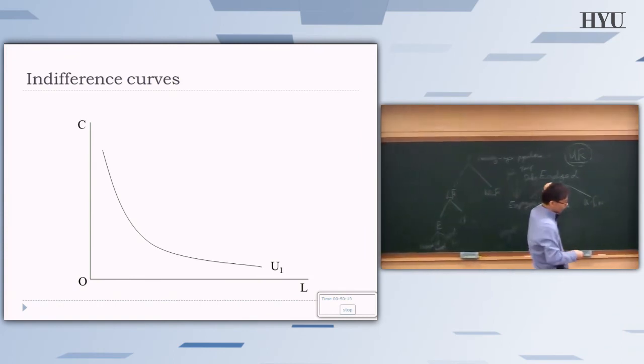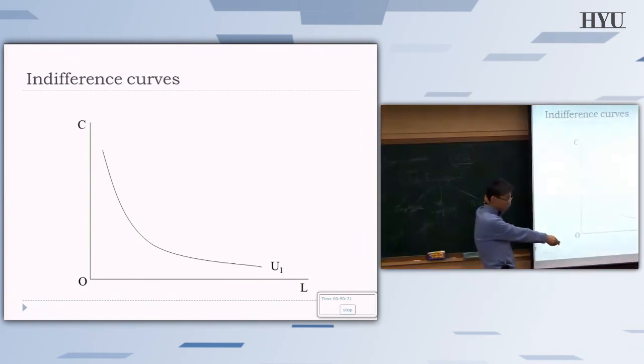Notice that on the horizontal axis we have leisure and on the vertical axis we have consumption. This is the standard way. Every person who uses the work-leisure choice model uses this diagram. Horizontal axis is always leisure, vertical axis is always consumption.